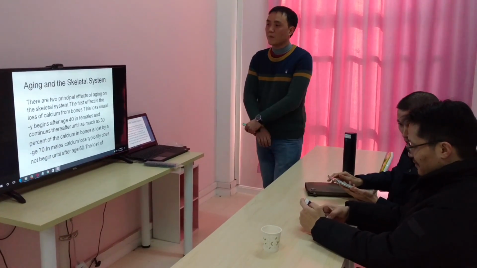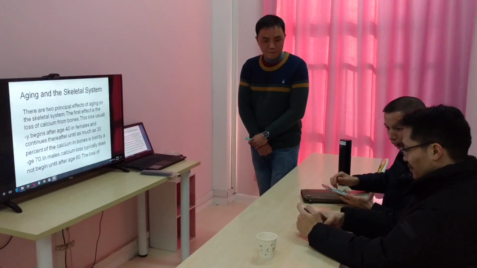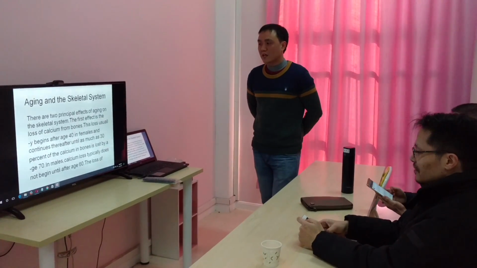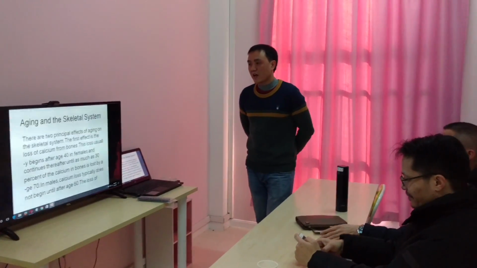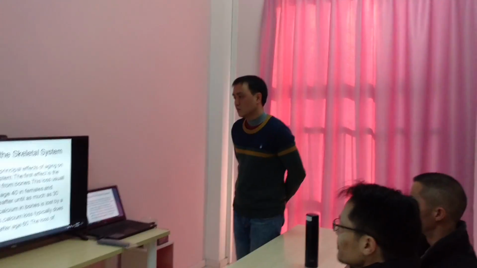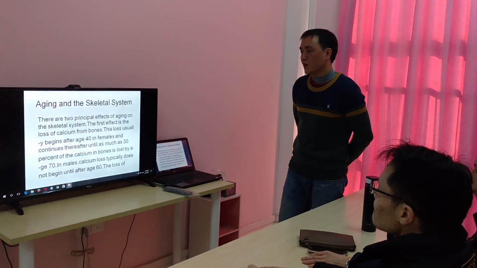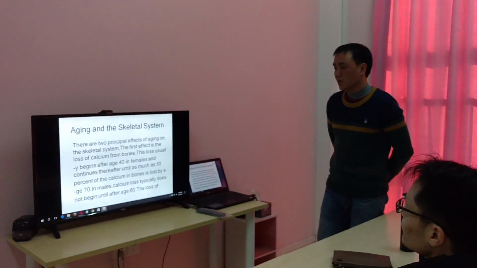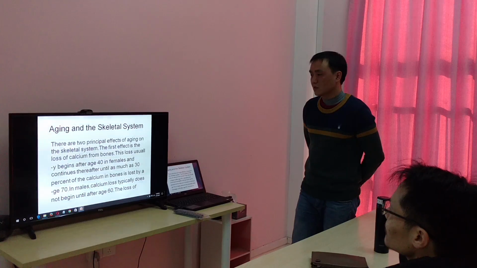The last, we talk about aging in the skeletal system. There are two principal effects of aging in the skeletal system. The first effect is the loss of calcium from bones. This loss usually begins after age 40 in females and continues thereafter until as much as 30% of the calcium in bones is lost by age 70.